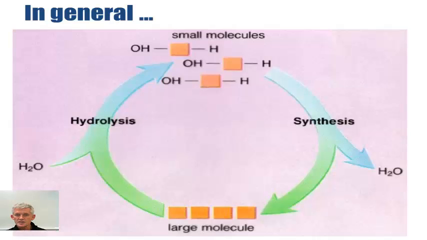So in your textbook, you'll see in general a diagram like so that shows that for any monomers, if they undergo dehydration synthesis, they're giving off water as a product and combining those monomers into a large molecule. At the same time, if you take the large molecule and you add water, we call that hydrolysis.